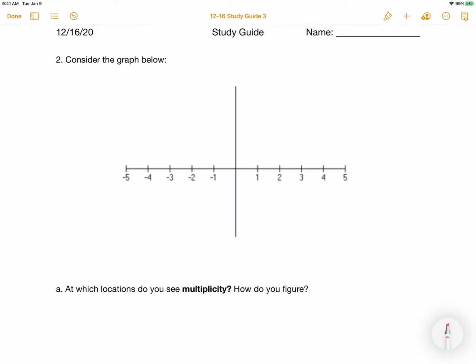Number 2, consider the graph below. Oh, I'm sorry. This graph is actually missing the picture, so I'm going to copy it down one more time. Just give me 1 second.